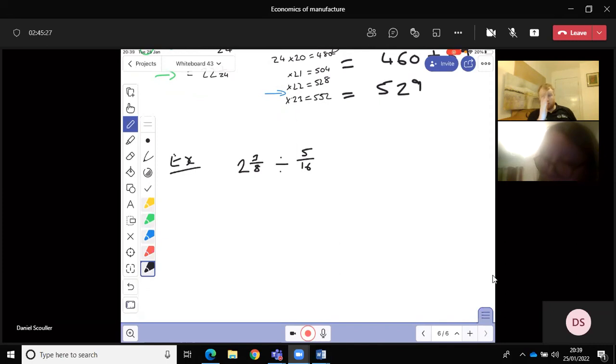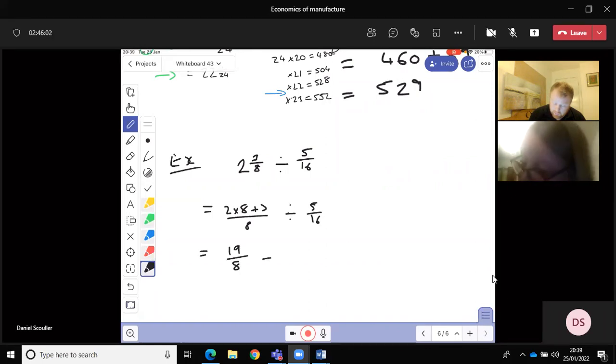There's no number in front of that 5/16, so that's all that is. So that first one we make top heavy, and I'll just keep it as divide right now, and then I'll tidy that up. So we've got 16 plus 3, which is 19 over 8, divided by 5/16.